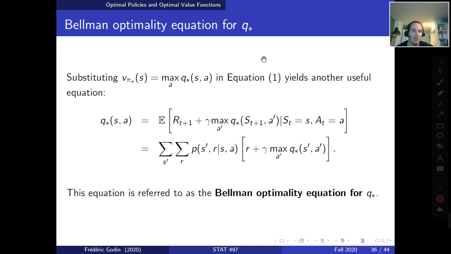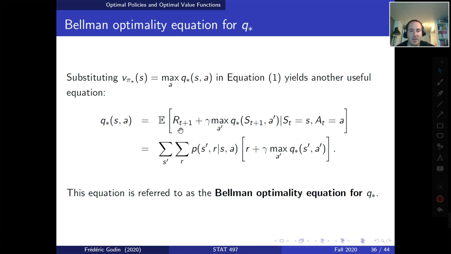Why is this formula useful? It's because it gives a recursive formula, not for the state value, but this time for the action value. It gives some form of recursive equation to calculate the optimal action value function.